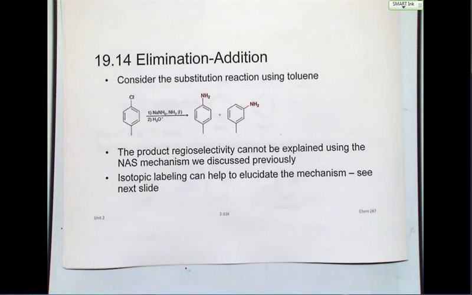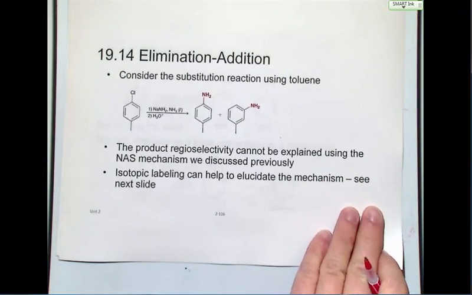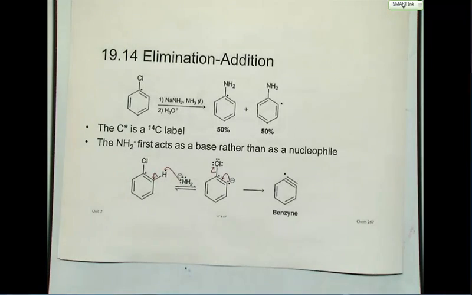So that doesn't really make any sense if you think about it for very long. It's not going through a nucleophilic aromatic substitution or an electrophilic aromatic substitution. And to figure this mechanism out, you can do an isotopic labeling study where you take one of the carbon atoms in the ring, the one attached to the chlorine, and you make it a C14 instead.